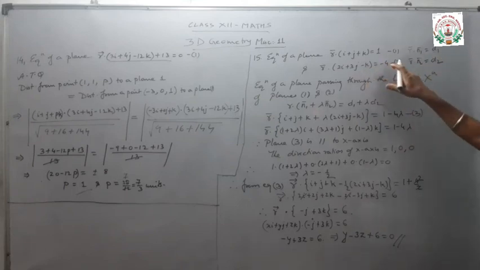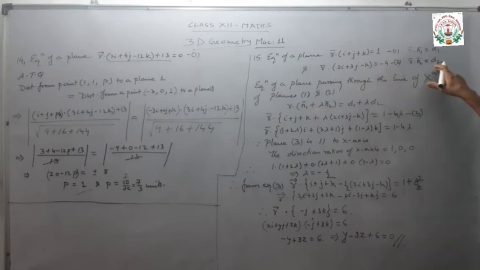So +4 has been transposed to -4, so d2 is -4.